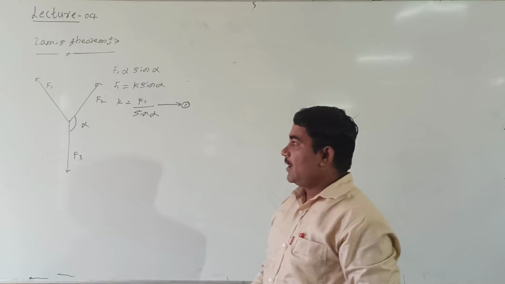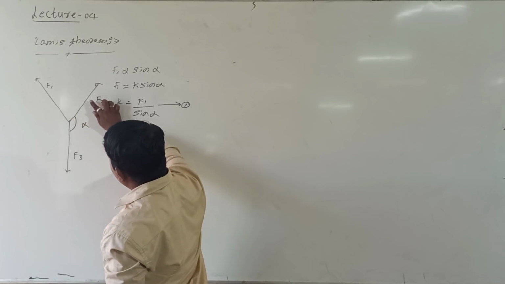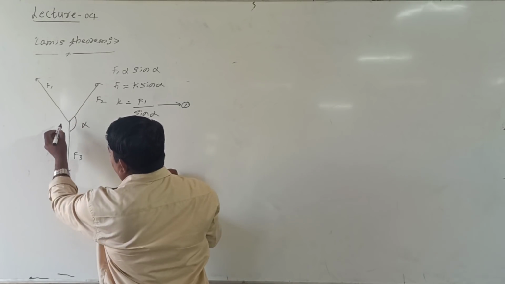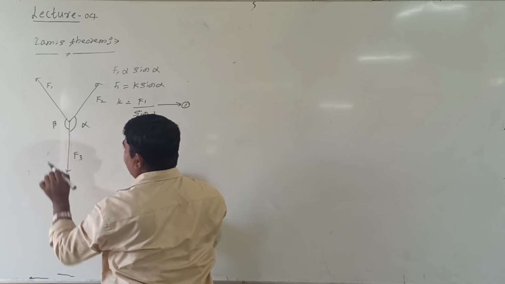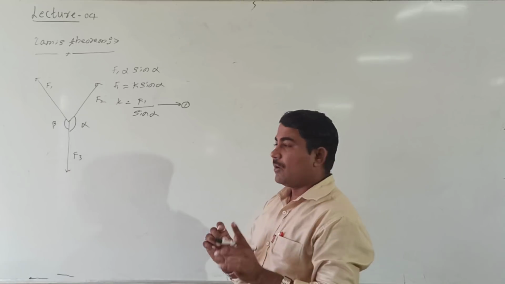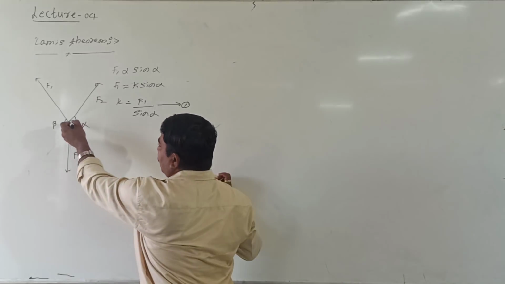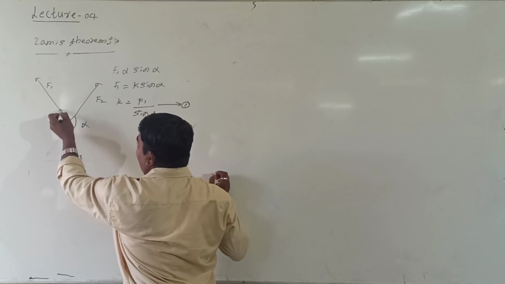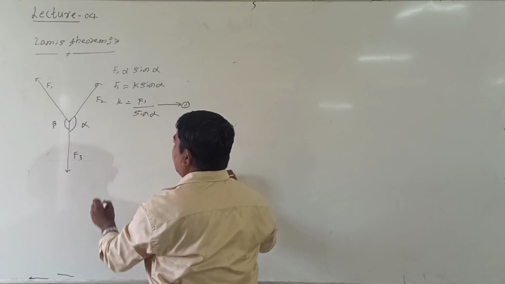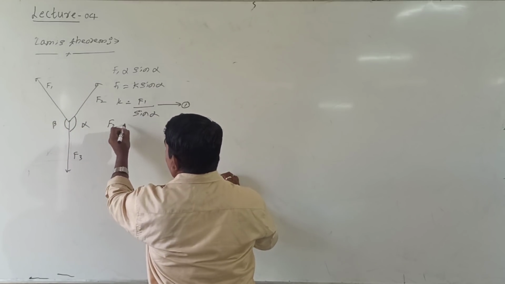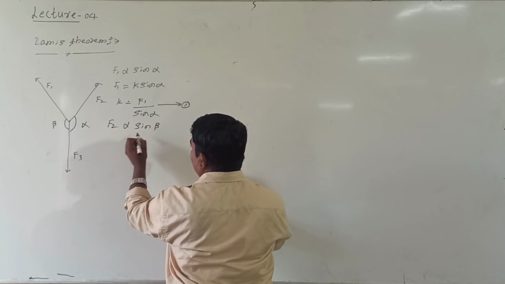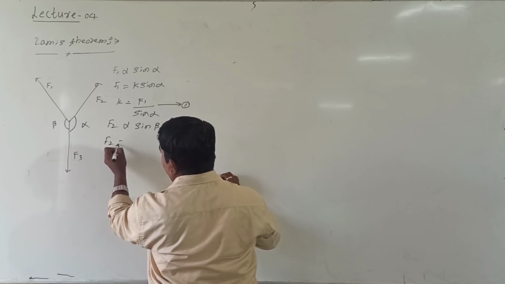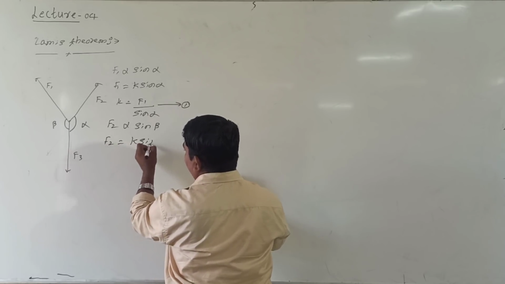Right, students? This is F2. In between F1 and F3, what angle is available? Beta angle. Are you following me? Then Lami's theorem says the force F2 is directly proportional to sine beta, or F2 equals K into sine beta.